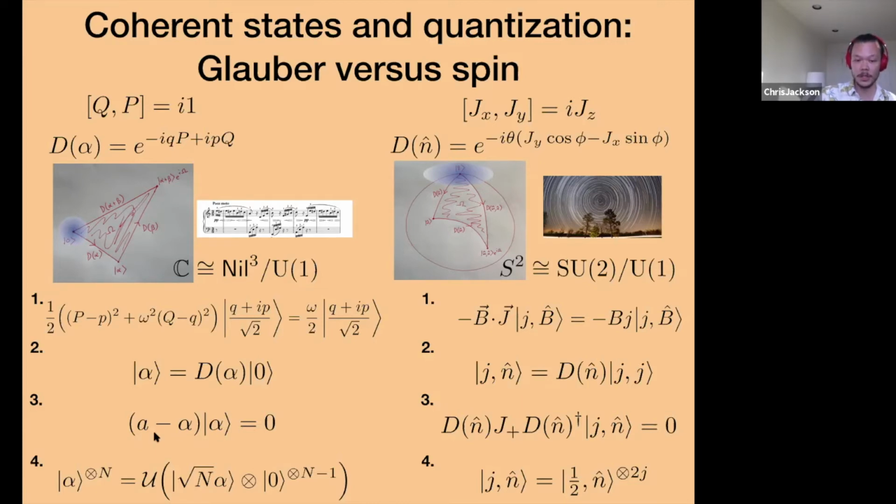Usually people think of this in terms of being eigenstates of A, but the reason I chose to write it like this, a co-moving lowering operator, is because then you can write down the analog in the spherical case, which is, JJ is uniquely defined by being annihilated by J plus, but then there's this rotated J plus, which uniquely annihilates one state, which is the corresponding coherent state.